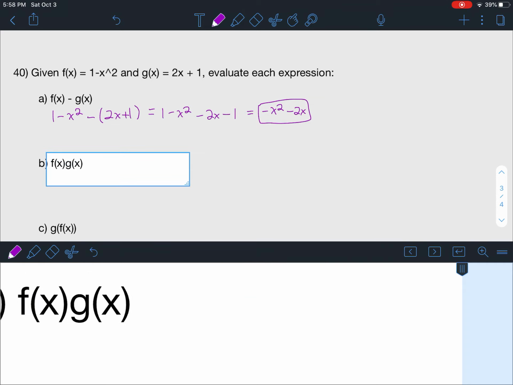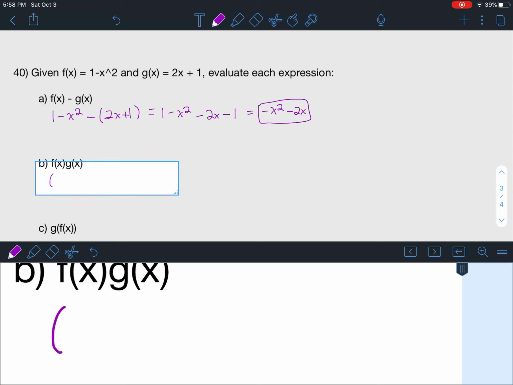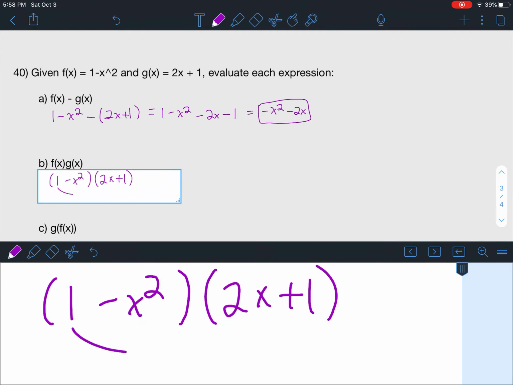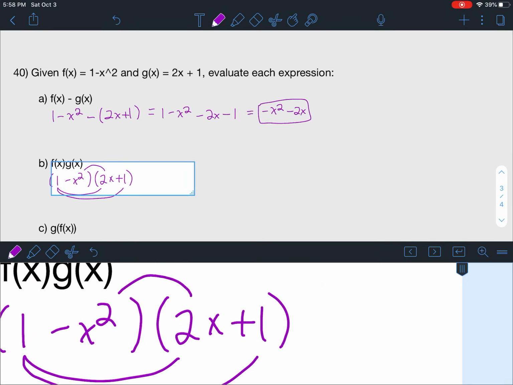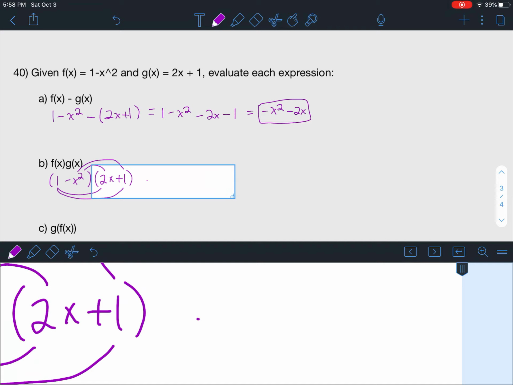F of x times g of x. F of x is equal to 1 minus x squared. So put that, and times g of x, which is 2x plus 1. Here you're going to want to FOIL, which means first terms, outer terms, inner, and last. You multiply each pair of terms together.